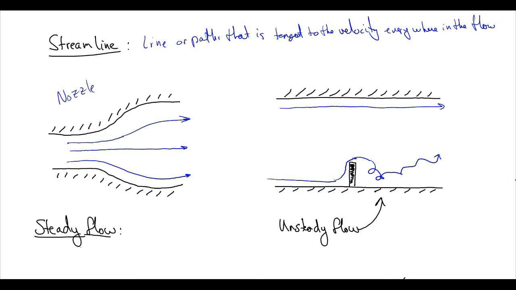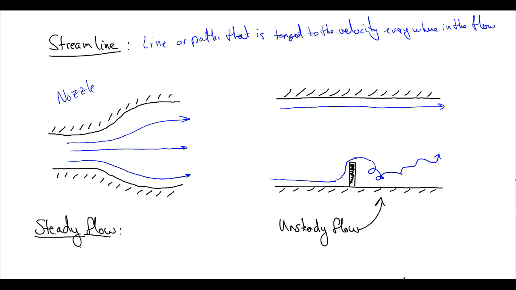Now I want you guys to draw a bunch more streamlines in here, and you can guess that they're going to transition smoothly between something really chaotic like this one on the bottom and something nice and straight on the top. So go ahead, pause the video, and draw some streamlines. All right, I'm going to draw some now.